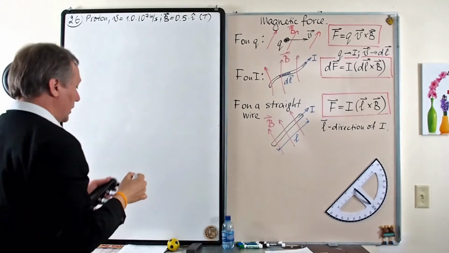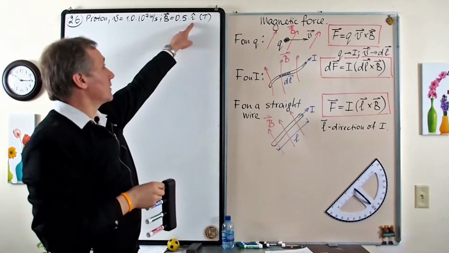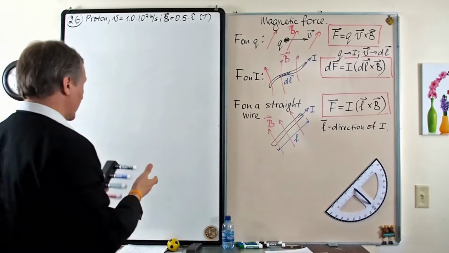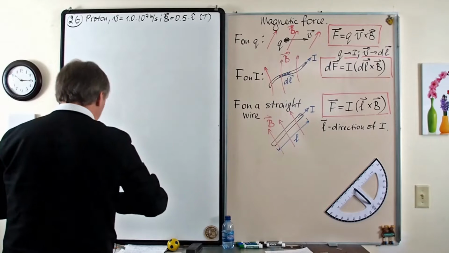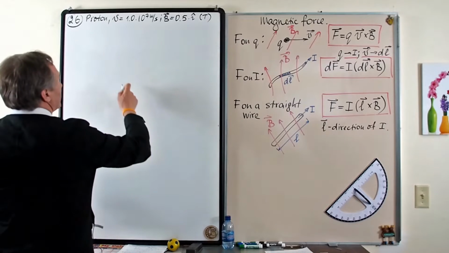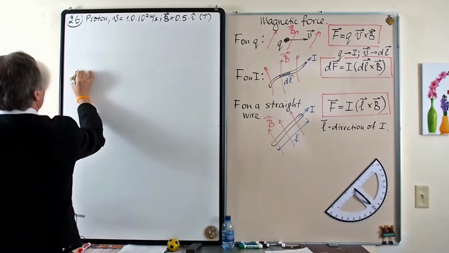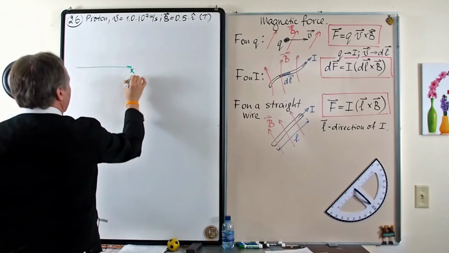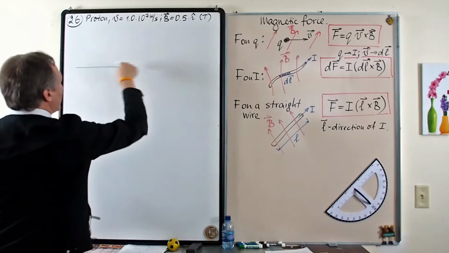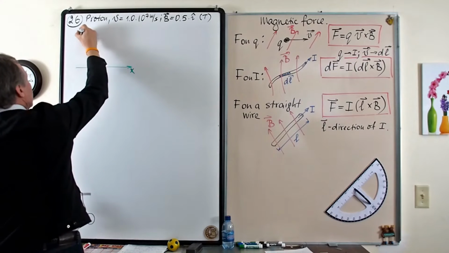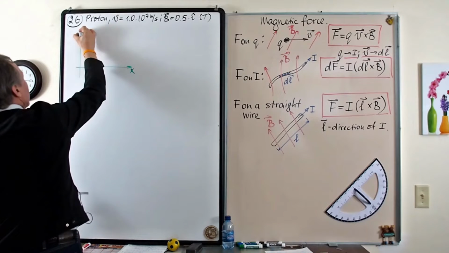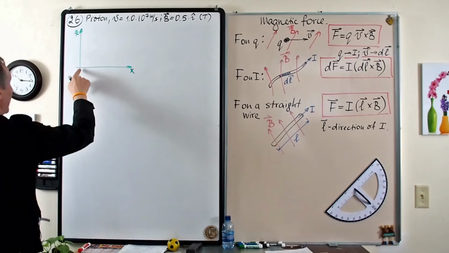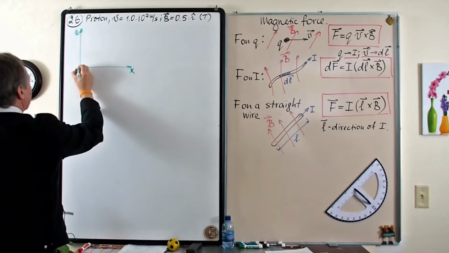Since this is given in vector form, let me introduce a coordinate system. I will introduce it in this way. This is my x-axis, so the magnetic field will be pointing this way. Then this will be my z-axis, and the y-axis will be into the board.